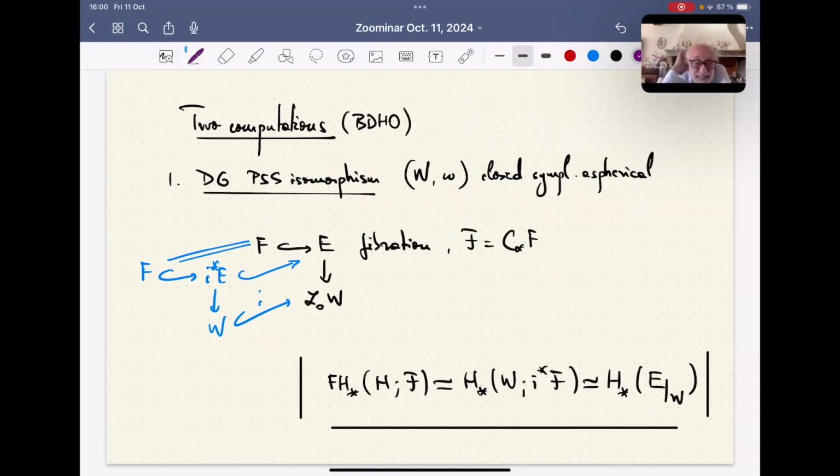So if I look at a closed symplectically aspherical manifold, if I pick a fibration and I look at the local system given by chains on the fiber, what I get is the homology of the manifold, as written here, with coefficients in the pullback by the inclusion of their local system, which is the same as the homology of the restriction of that fibration to the constant loops.